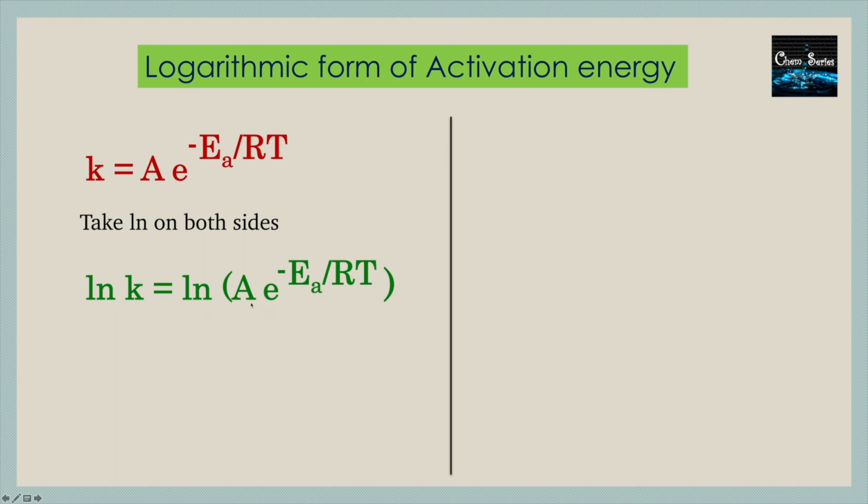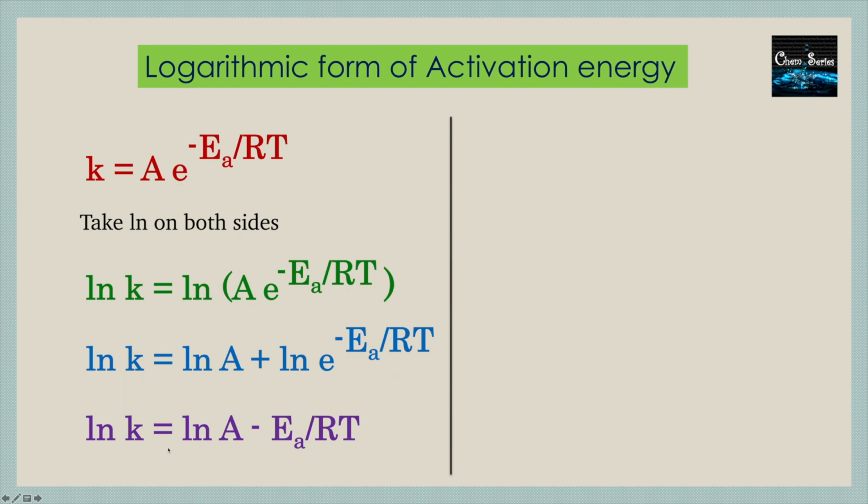And you know that ln AB is equal to ln A plus ln B. So ln k is equal to ln A plus ln e power minus Ea by RT. And ln and e cancel, leaving minus Ea by RT. So ln k is equal to ln A minus Ea by RT.